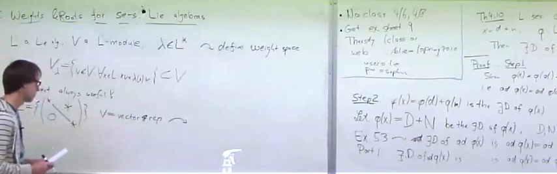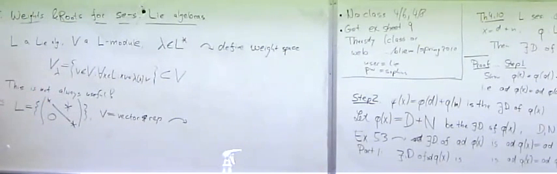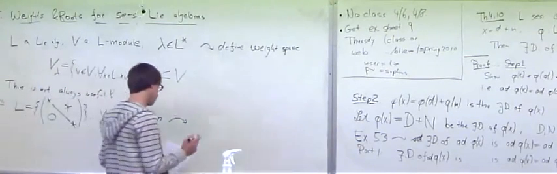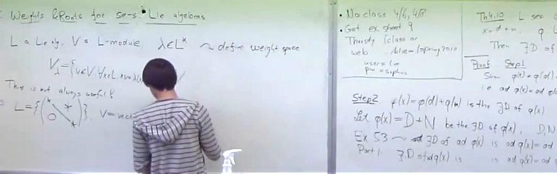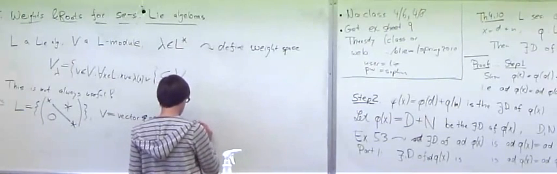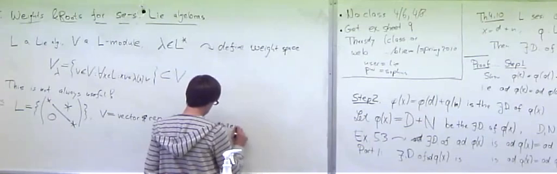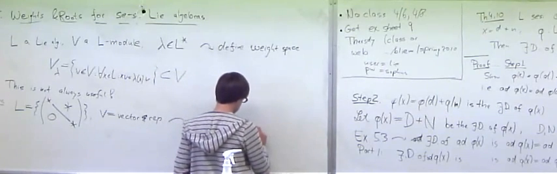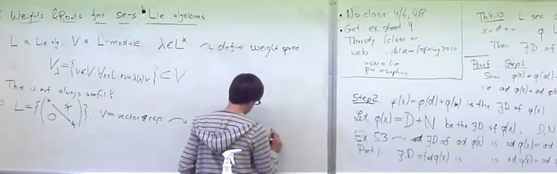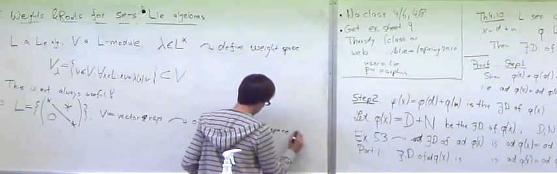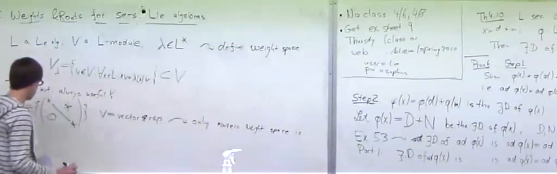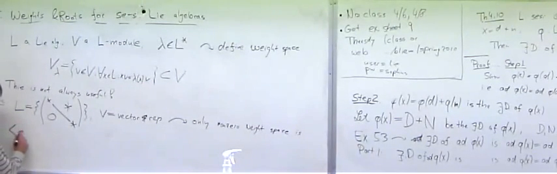And I think we thought about weight spaces here. So it turns out there is only one one-dimensional non-zero weight space. The only non-zero weight space is the vector space generated by E1.